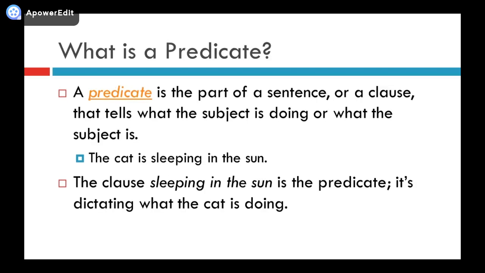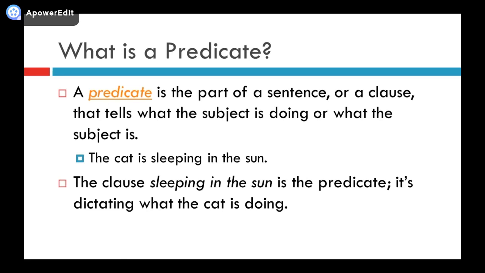Okay. What is a predicate? A predicate is a part of a sentence or a clause that tells what the subject is doing or what the subject is. For example, if I have to explain this, I will say that a predicate is that part of the sentence which is giving us more information about the subject.